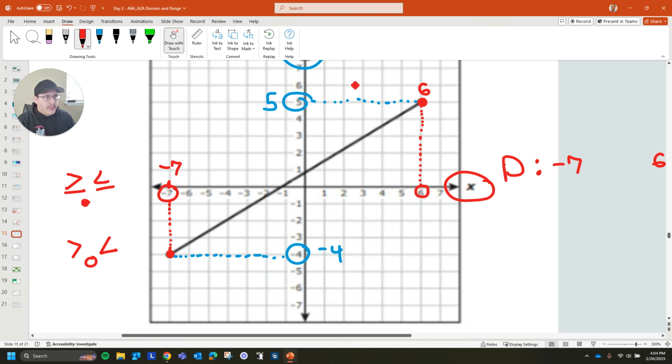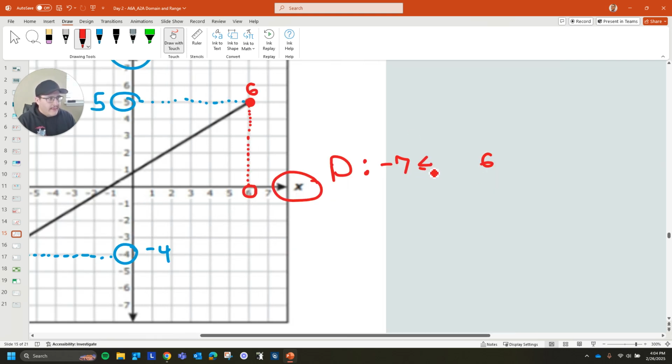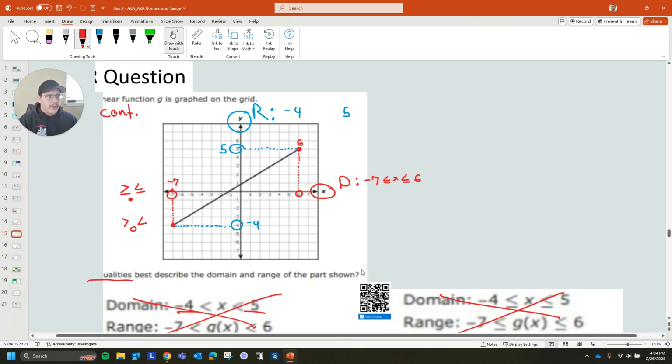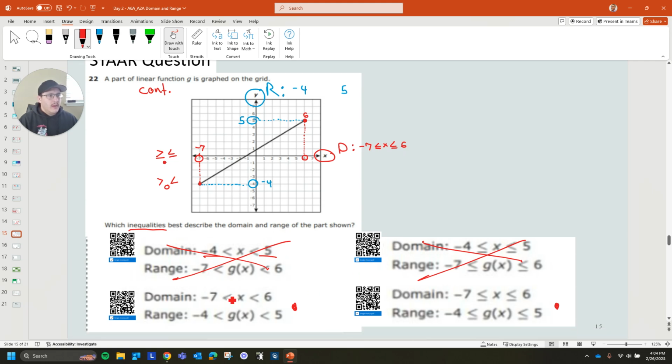We have solid dots for both, so that means -7 and 6 are both going to have less than or equal tos with an x in between. Let's look at our answer choices. For this first one that I see on the left, -7 is less than x is less than 6. No good. So our only answer choice is this last one right here at the bottom right.